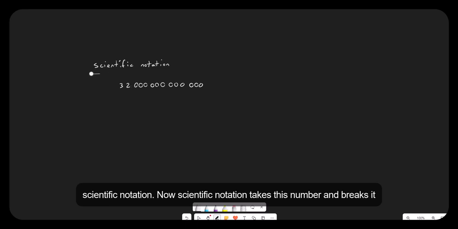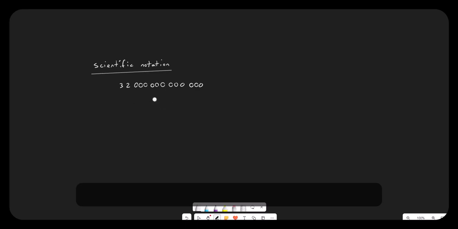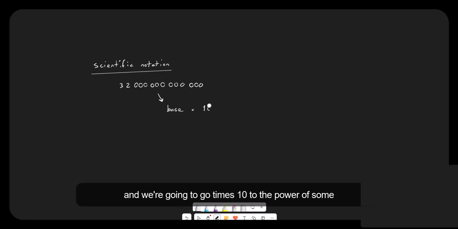Now scientific notation takes this number and breaks it into a base number. So we want this to be in a base number. And we're going to go times 10 to the power of some exponent.